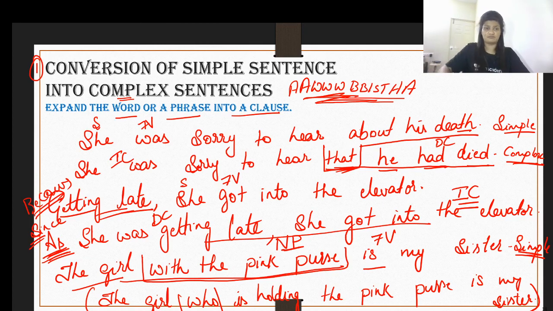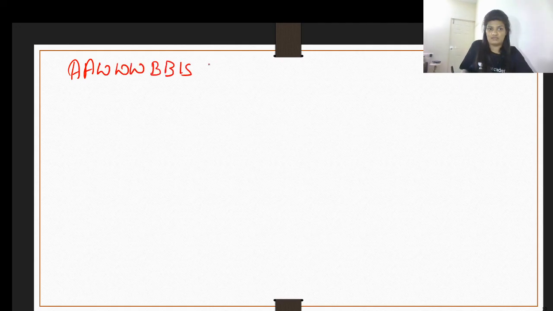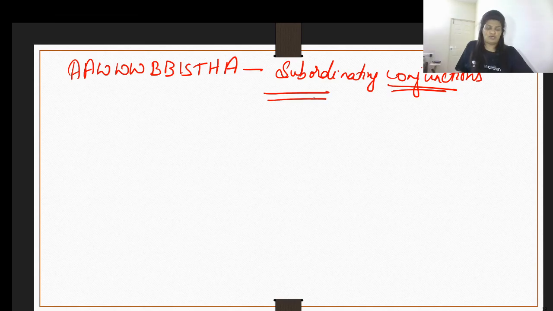All right. Let me give you two more examples before I proceed. Remember, what did I tell you? Subordinating conjunctions are these. These are subordinating conjunctions. Let me give you one more example.